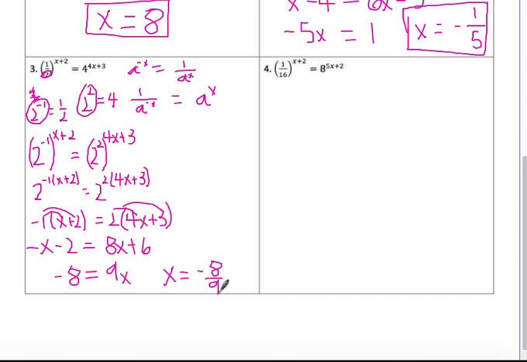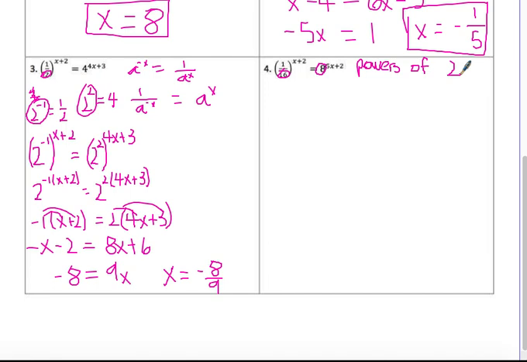And our last example. Here again, the bases look very different, but what you should start recognizing is that 16 and 8 are powers of 2. And of course, it takes a little while to start seeing these things automatically.